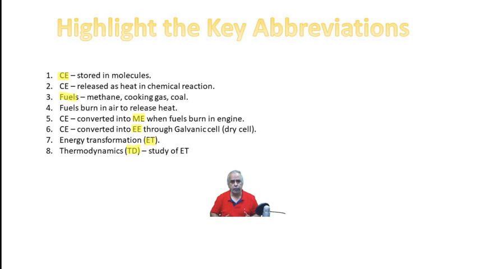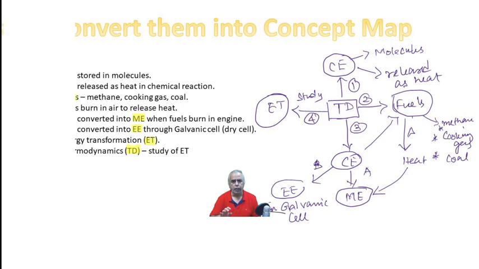So in this paragraph, the very important key abbreviations, which are the nodes, are CE, fuels, ME, EE, ET and TD. So we have further truncated this to chemical energy, fuels, mechanical energy, electrical energy, energy transformations and thermodynamics. That's all.